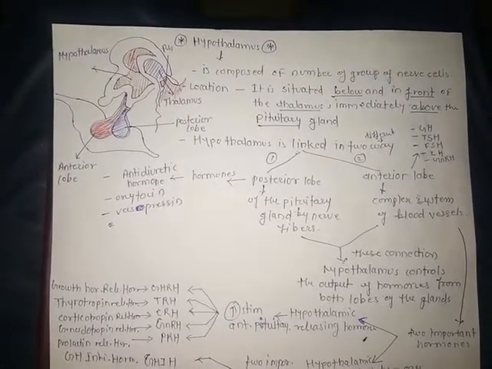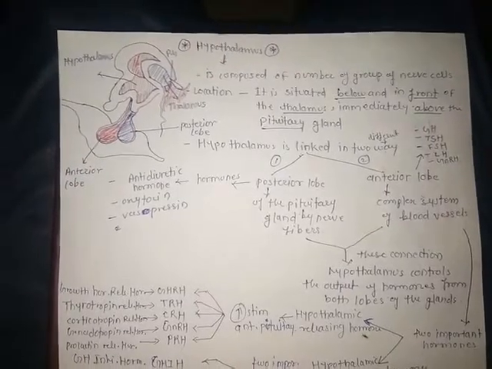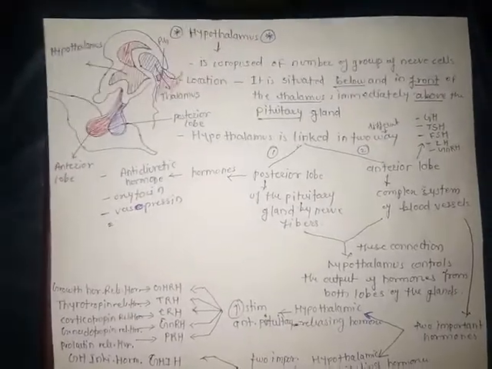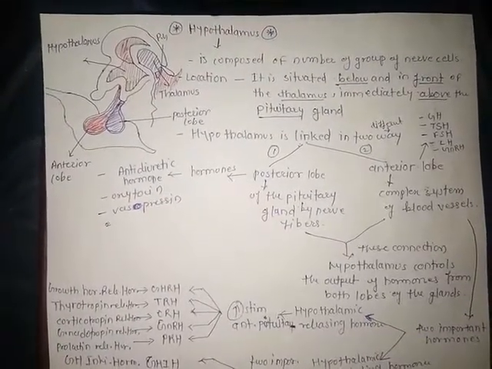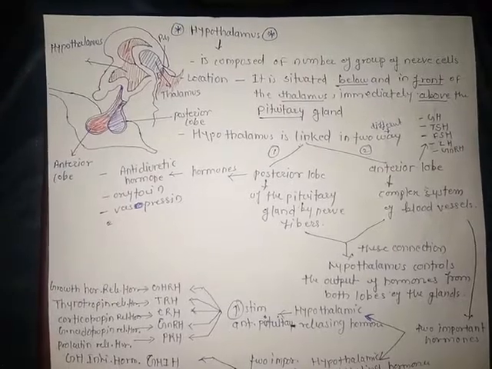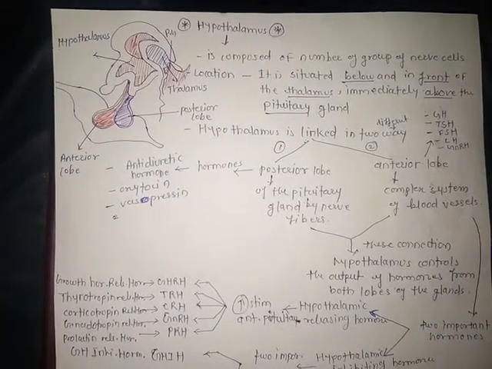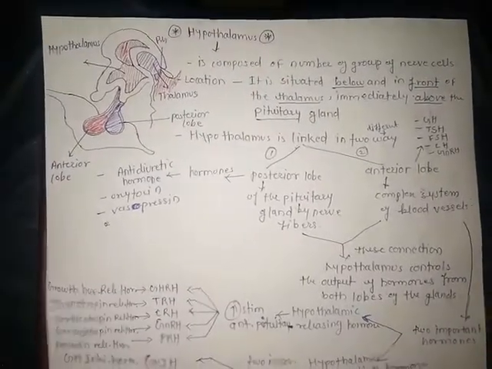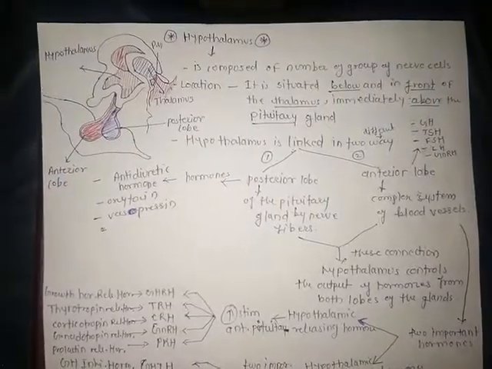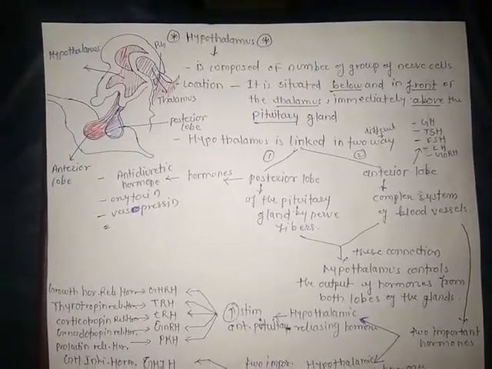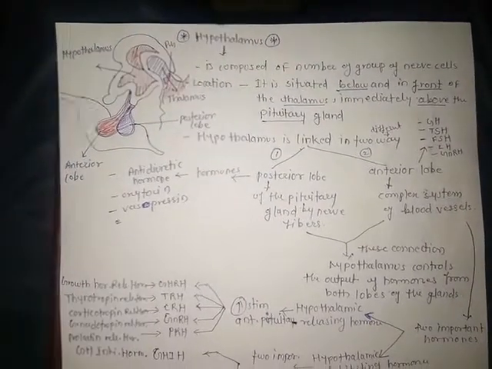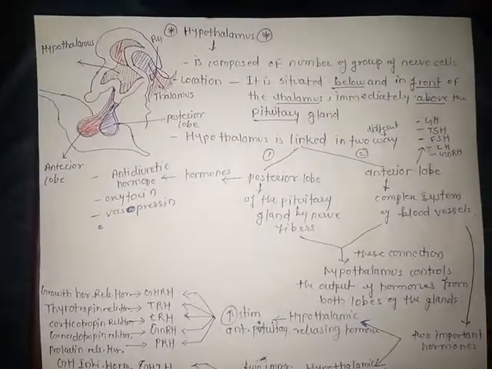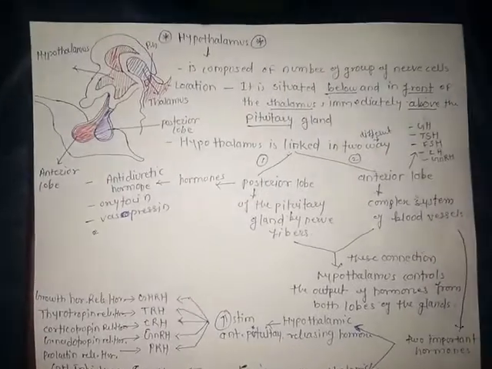The function of the thalamus is to relay motor and sensory signals to the cerebral cortex. It receives signals or impulses from the sensory nerves and they reach the brain, and then the brain releases impulses in response to the actions, to the cerebral cortex, and the cerebral cortex receives the impulses from the brain in the form of motor nerves and transfers them to the peripheral parts of the body. So this is a simple explanation of the thalamus.